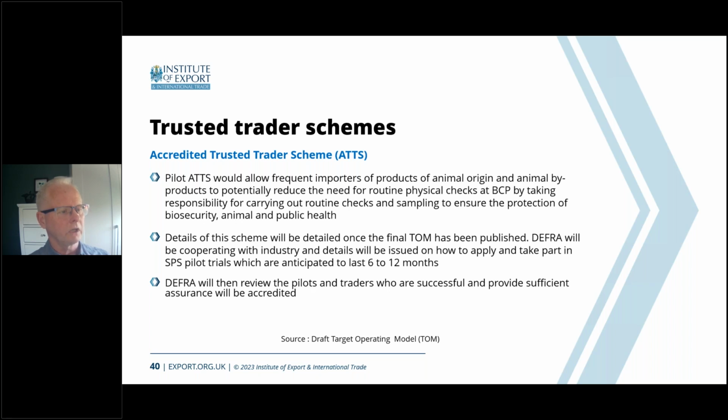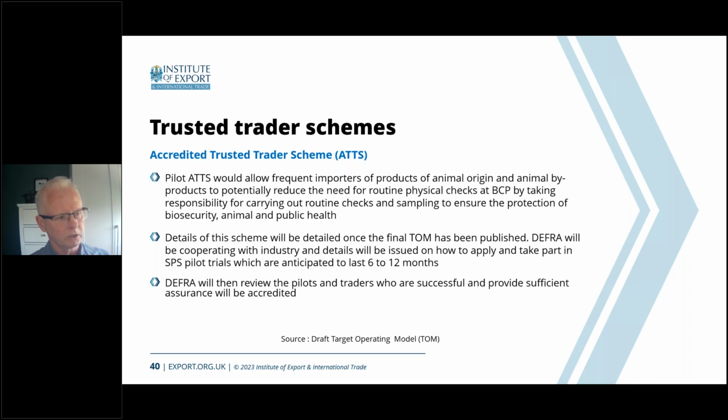So if, for example, you have a biosecure site somewhere in Europe, and you have good IT systems, you have good methods of traceability in terms of batch tracing, or in terms of the catch certificate, the actual batch, you can trace back to source.